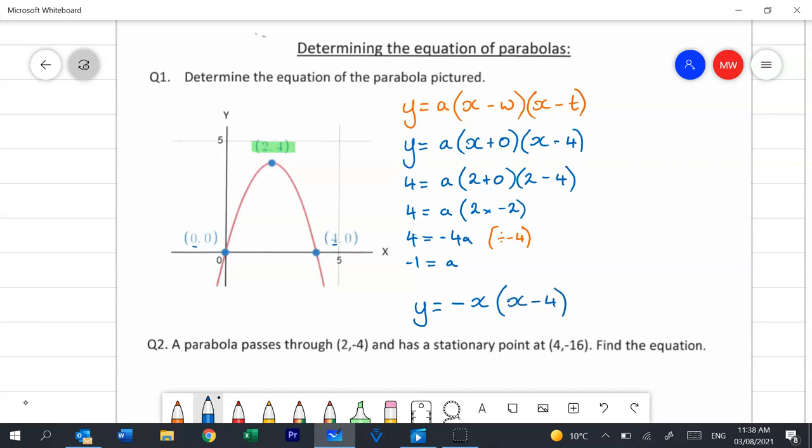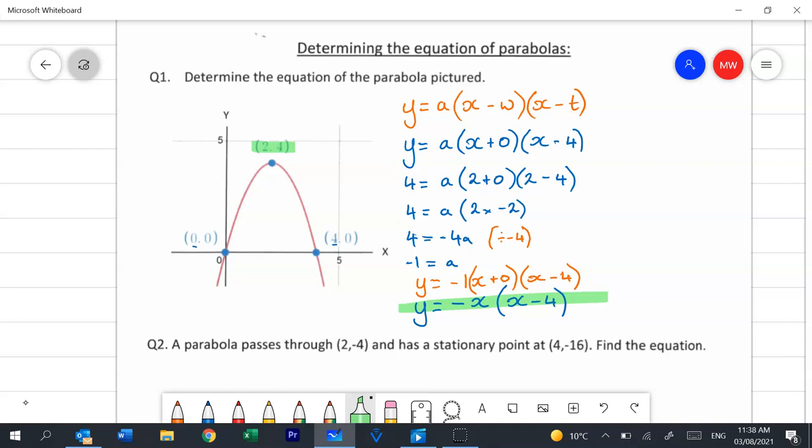If you want me to elaborate on that, don't write this, but what this really is saying is y equals minus 1 outside of (x plus nothing)(x minus 4). That can be tidied up to the answer that you can see below. So this is our final answer here.